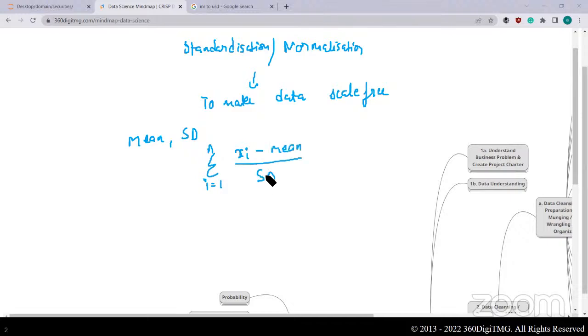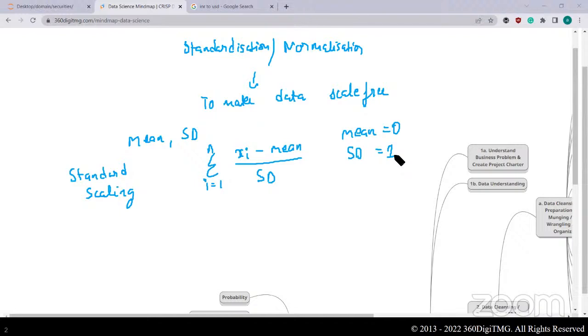So this reduces the larger scale of data to a very small range of data. Important point to keep in mind when you apply this standard scaling: after applying it, your mean should be 0 and your standard deviation should be 1. Okay, so this is something you have to keep in mind.